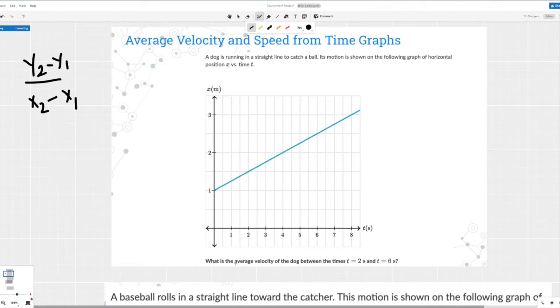What is the average velocity of the dog from 2 to 6? Let's label the points over here: 2 comma 1.5, and this point over here, 6, will be 6 comma 2.5.